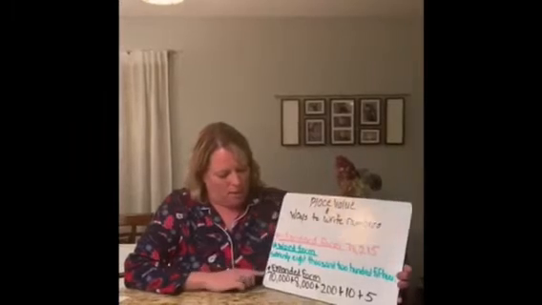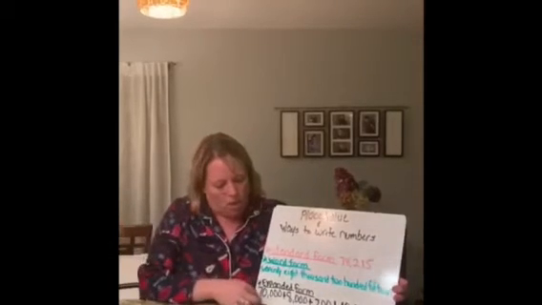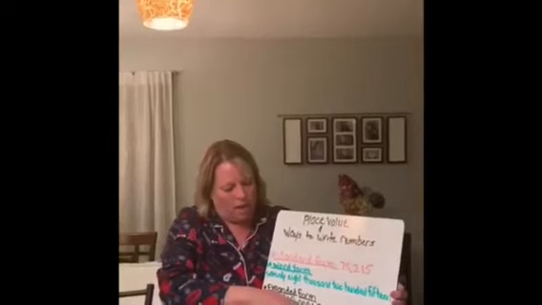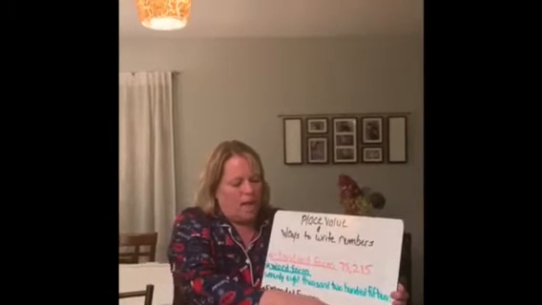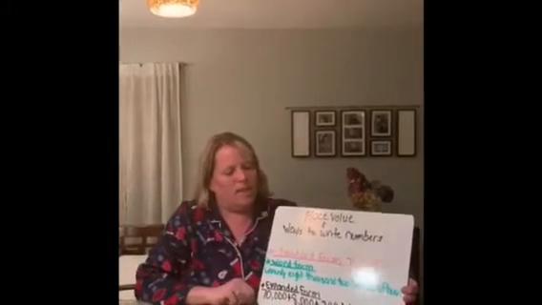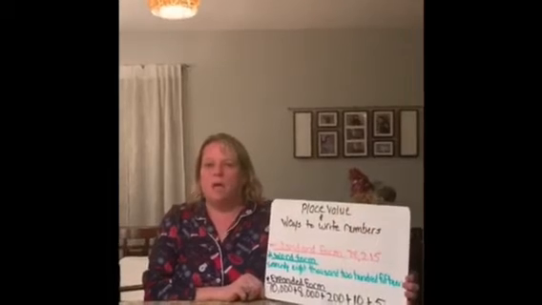And finally, we have expanded form. And that's where we expand or make bigger each number. And they all stand on their own: 70,000, 8,000, 200, 10, and 5. When we add them all together, 78,215. So those are the 3 types of numbers.